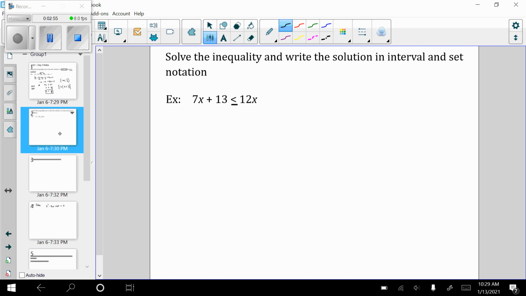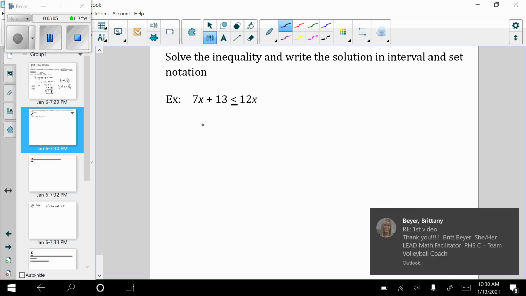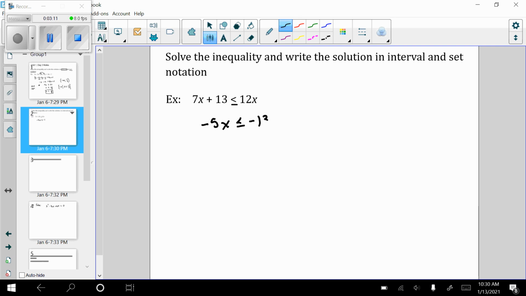Okay, so this one looks a little bit simpler, not quite as many numbers. So I'm going to, again, gather my x's on the left and my constants on the right. So I would have a negative 5x less than or equal to negative 13. I always put the x's on the left, because that way my inequality symbol is being read correctly.